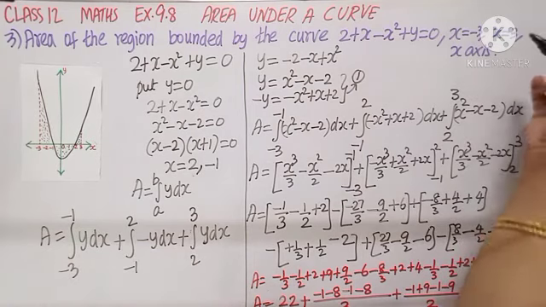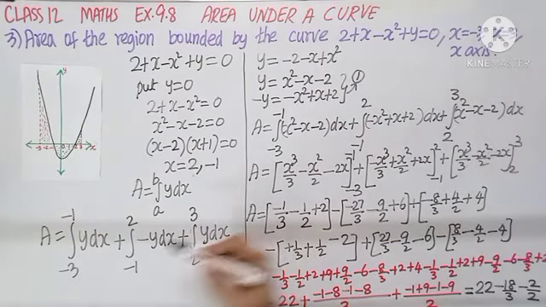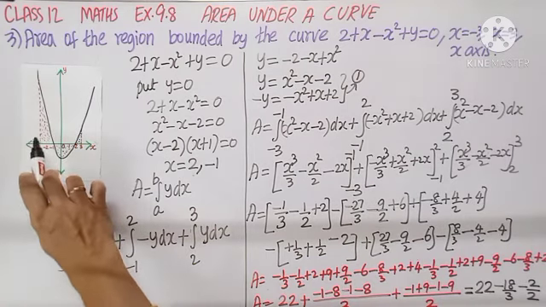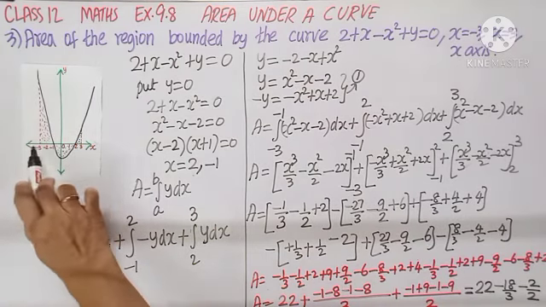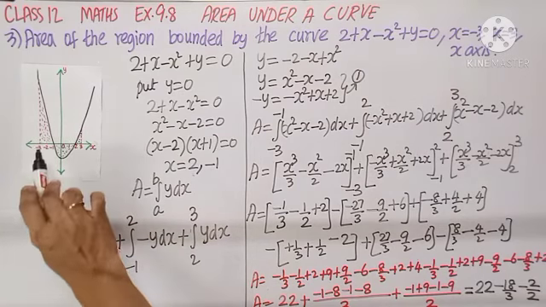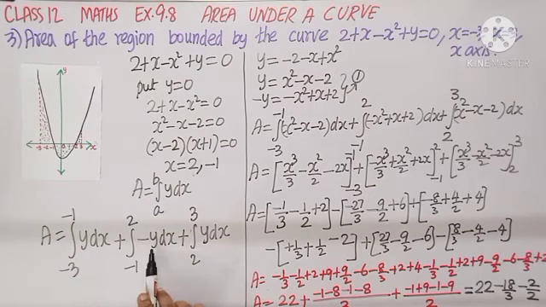Now, the limits given in the question are minus 3 and 3. Plot minus 3 and 3. As we plot it, we have 3 different areas. Minus 3 to minus 1 is above the x-axis, plus y dx. Minus 1 to 2 is below the x-axis, minus y dx. 2 to 3 is above the x-axis, so it is plus y dx.